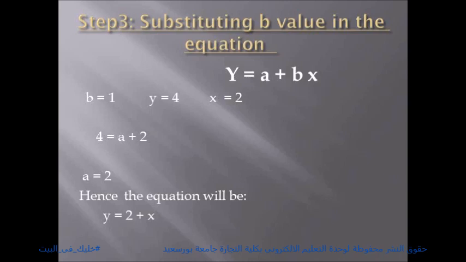Let us take the point x equals 2, y equals 4. So, by substituting in the equation, 4 equals a plus 2. So the value of a equals 2. Hence the equation will be y equals 2 plus x.